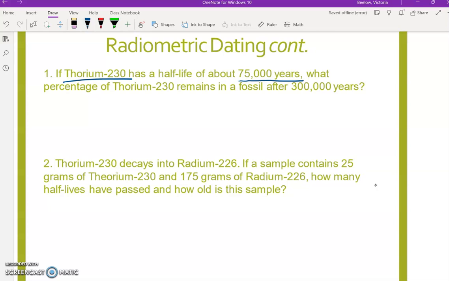So the question is, what percent of thorium remains in a fossil after 300,000 years, okay? Well, first thing I want to do is figure out how many half-lives have passed. If I know what 1 half-life is, this is 1 half-life.